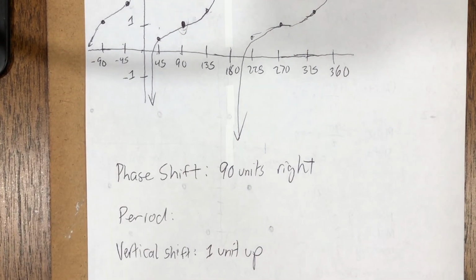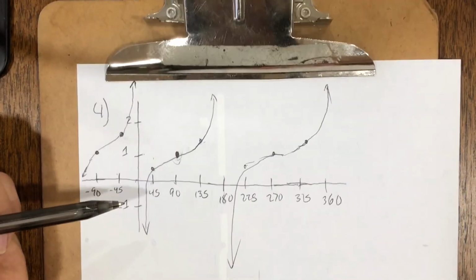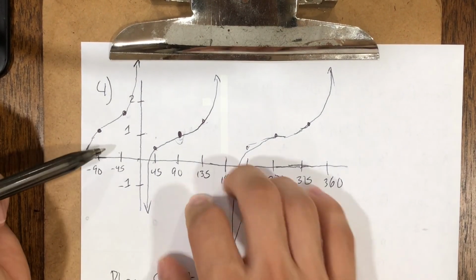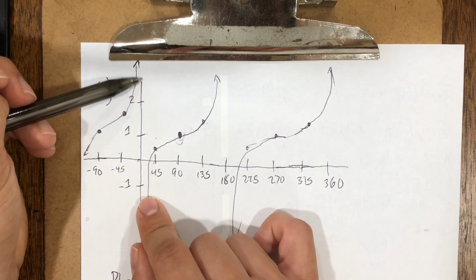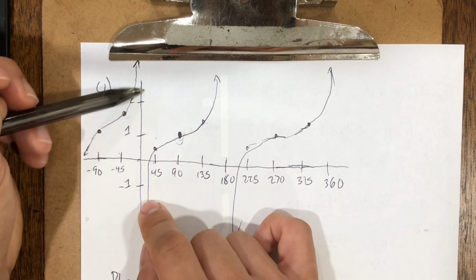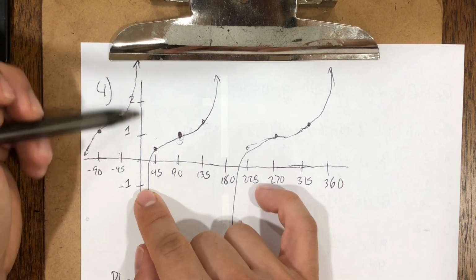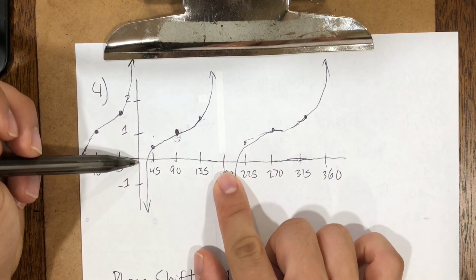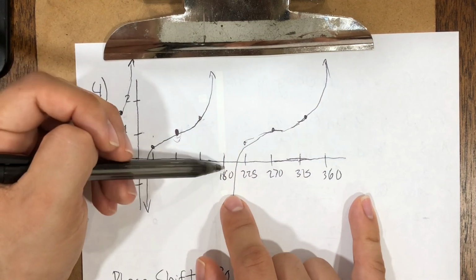So now let's take a look at the period. If we look at the graphs, the 3 graphs, on the left side we see that the graph continues to increase, but it looks like it's never touching the y-axis, which is x equals 0. And then over here, we see that the graph never touches 180 degrees.